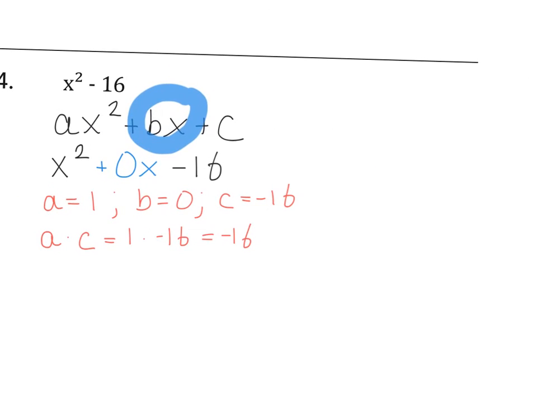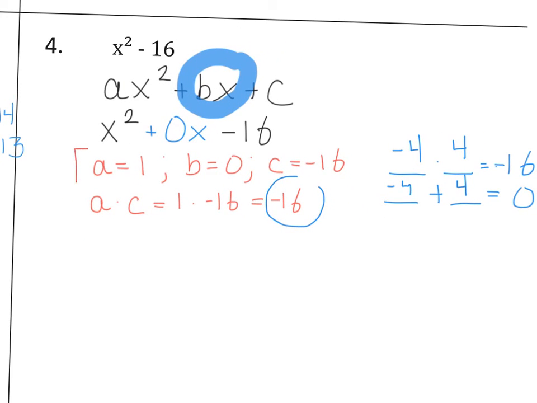That negative 16 tells you that you want to find two factors that multiply to equal negative 16, and the same two factors that add to equal 0, your middle term, your b term. The factors are going to be negative 4 and positive 4. Negative 4 plus positive 4 gives you 0, exactly what we want.